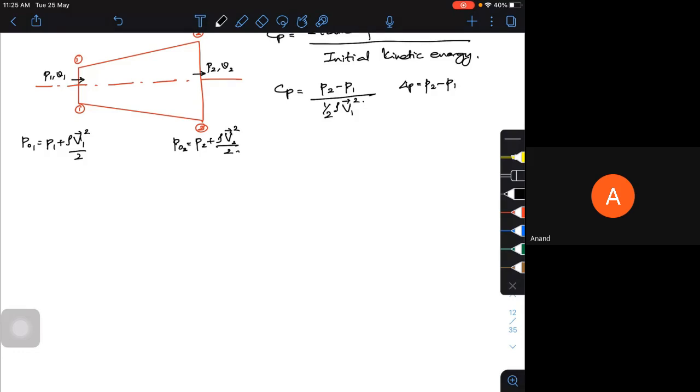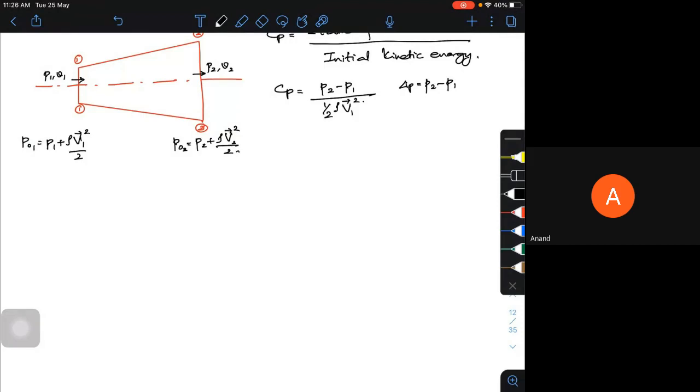But when I look into the nozzle, the V2 was much larger compared to V1. The purpose of the diffuser is completely different from the nozzle. Here I will try to recover pressure, and I look at the amount of pressure I have recovered, irrespective of the velocities.